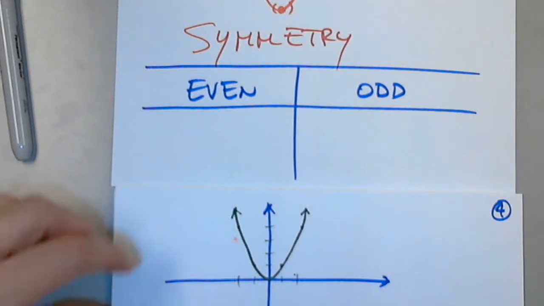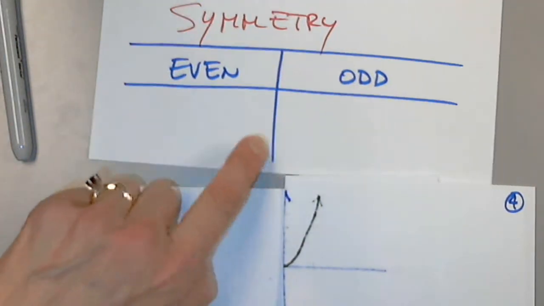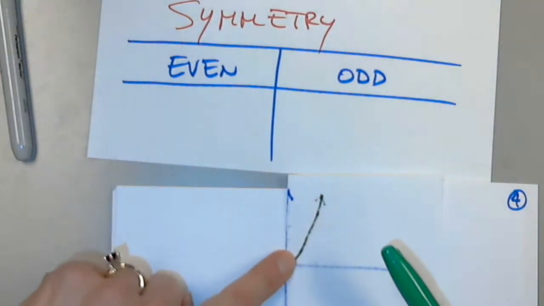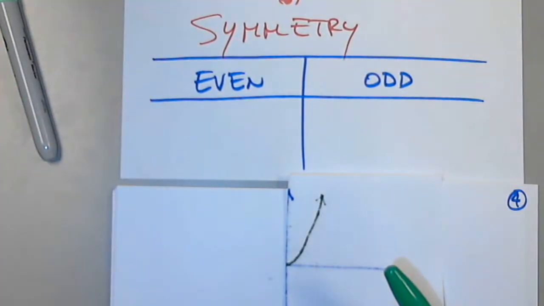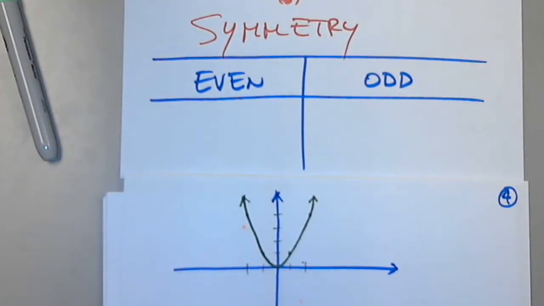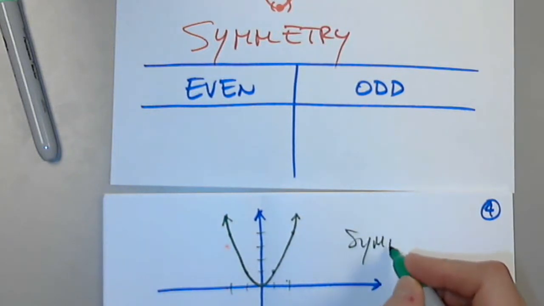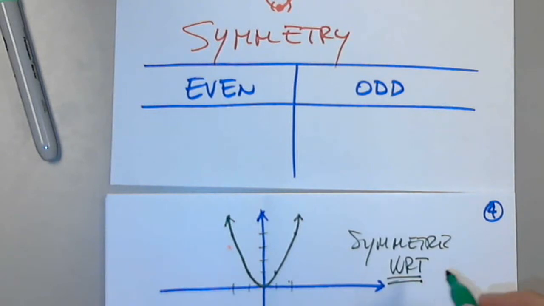Obviously, if my graph were perfect, you would see the two green branches overlap perfectly. They don't because I can't graph perfectly. But obviously, this graph is symmetric with respect to the origin? Oh, y-axis. Yes, exactly. So symmetric, WRT, with respect to the y-axis.